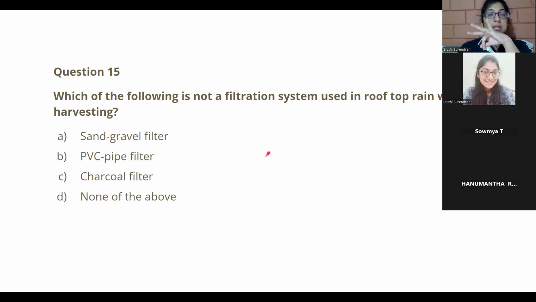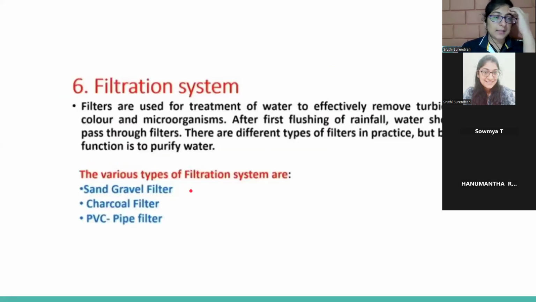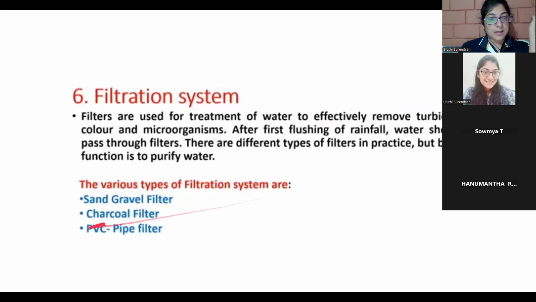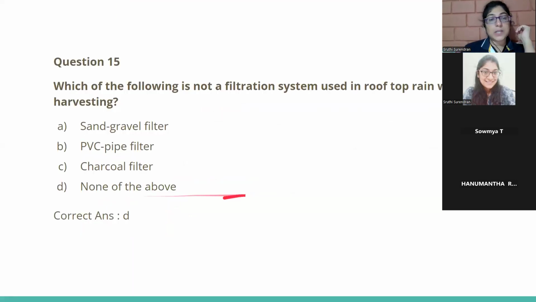So we discussed three kinds of filtration systems: sand gravel, charcoal, and the PVC pipe filter. So all these three are filtration systems. So the correct answer for this question would be none of the above.